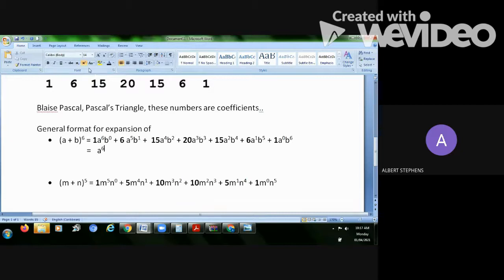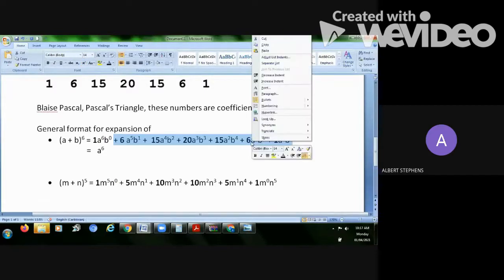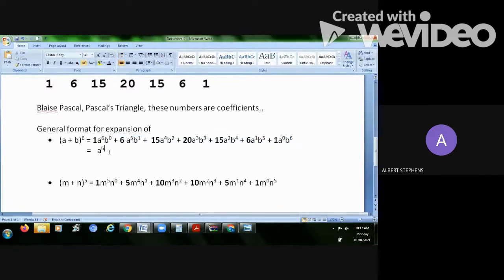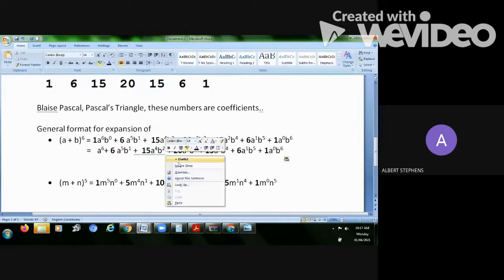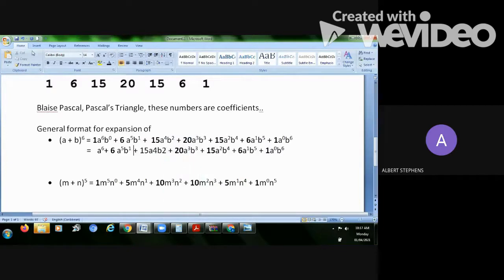All right, and you don't necessarily have to write the 1. You don't have to write the 1, and then you don't have to write that.